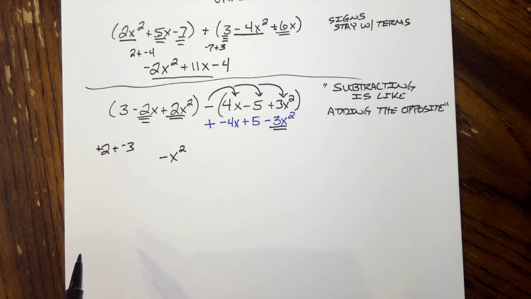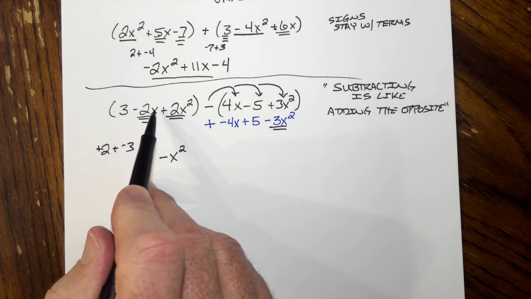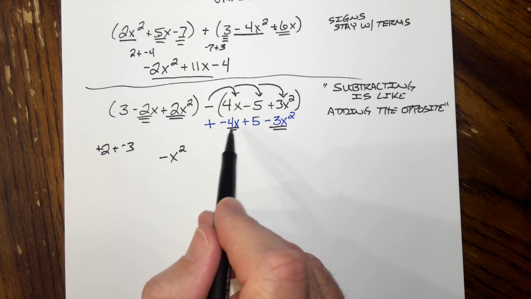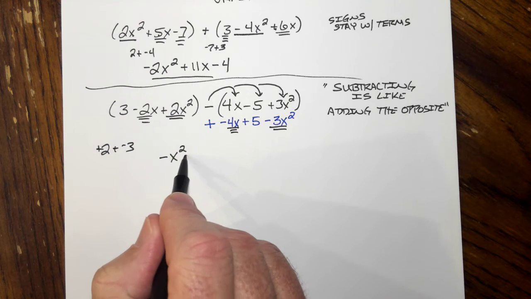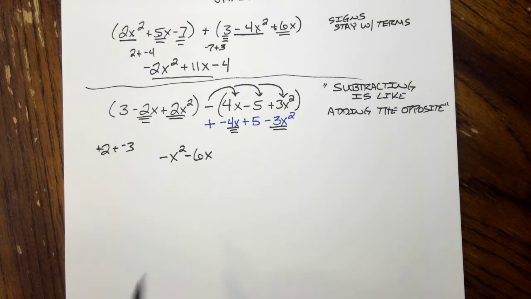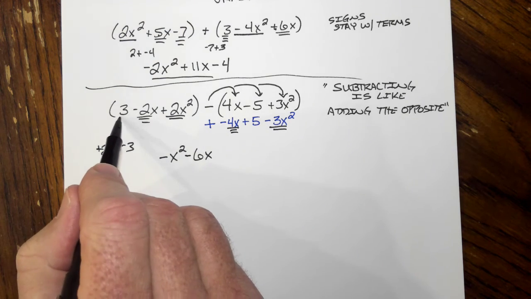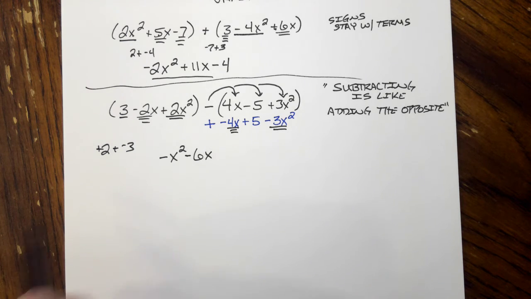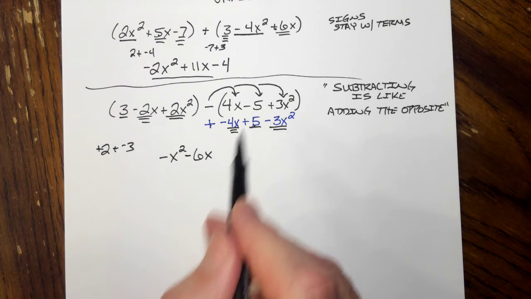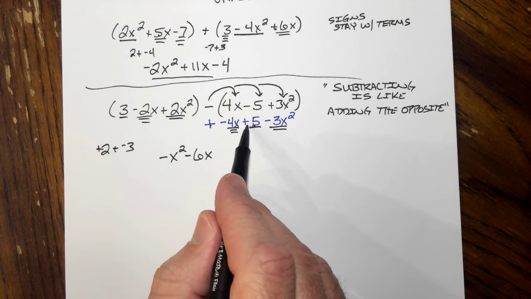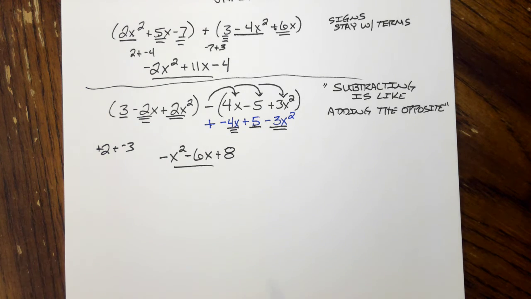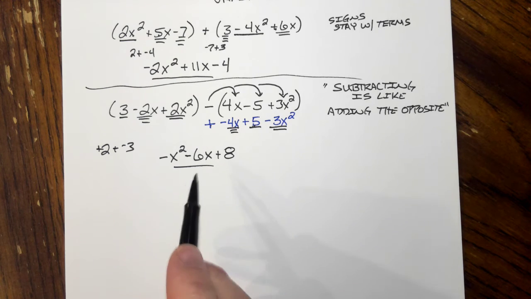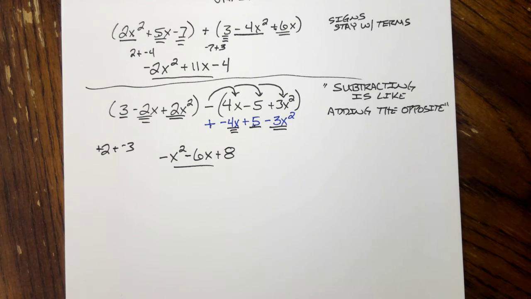Next term is that, a linear term. So I find the linear term right here. Negative 2 plus negative 4 gives us negative 6. And then finally, here's a constant. I'm going to add it to that. 3 plus 5 plus 8. Final answer is this trinomial.